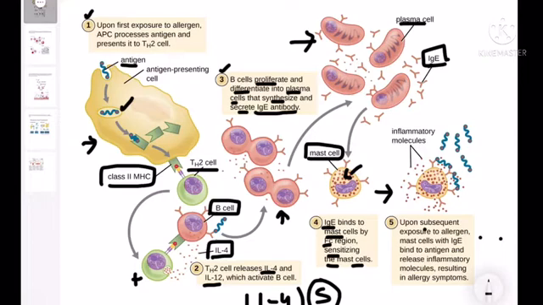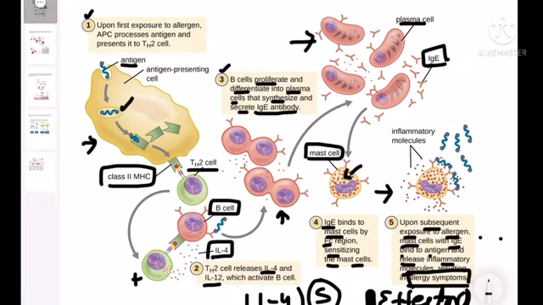So upon subsequent exposure to the allergen, the mast cell with IgE binds to the antigen and releases inflammatory molecules, resulting in allergic symptoms. So this is the effector phase. Sensitization phase and effector phase.